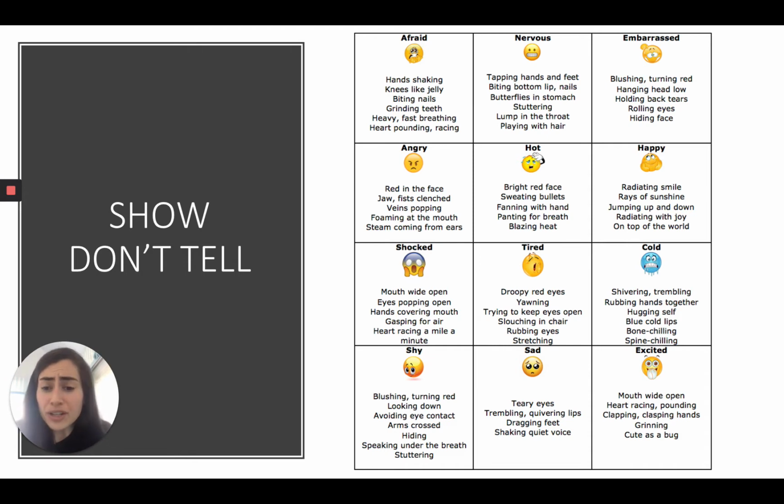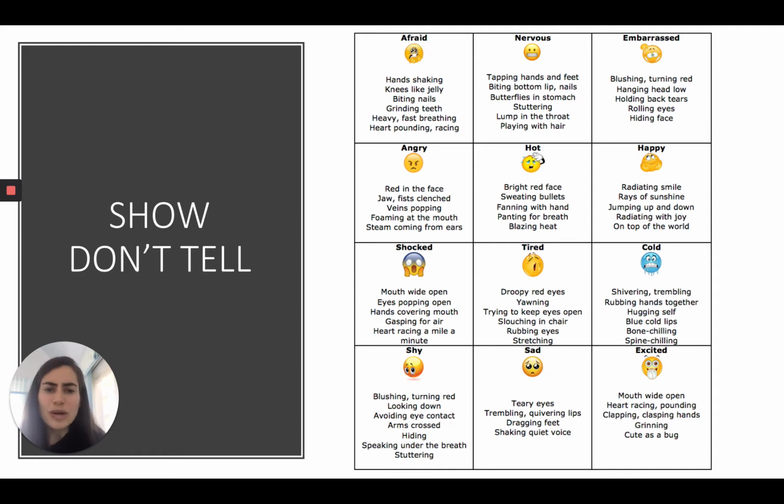So today you're going to do the same thing with your story. You're going to look through your draft and find places where you just told your reader how your character felt and you didn't really show it. So we're going to use this little chart that has some emojis. Near each emoji or each feeling, you'll see some different ways that you could show that instead of just telling someone that, let's see, Joy was afraid.